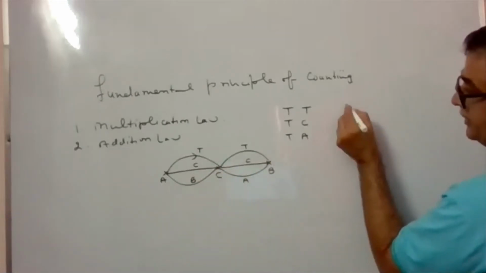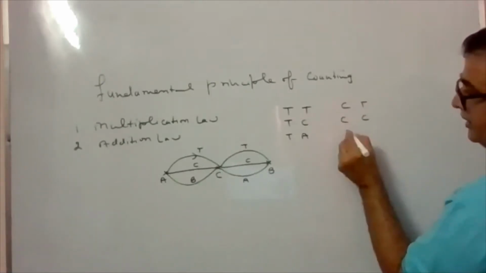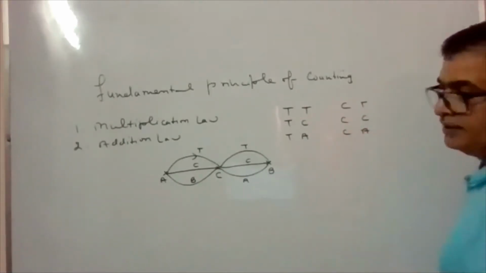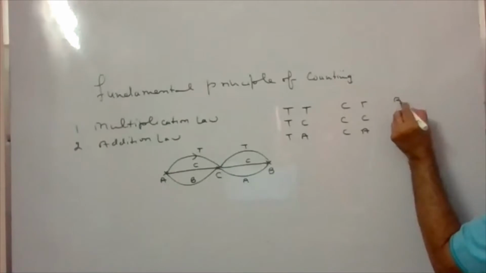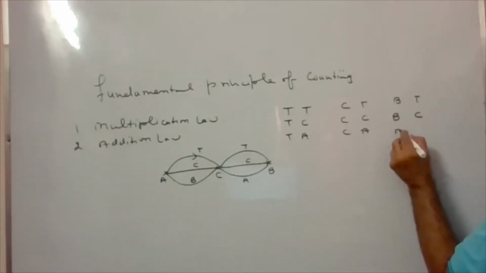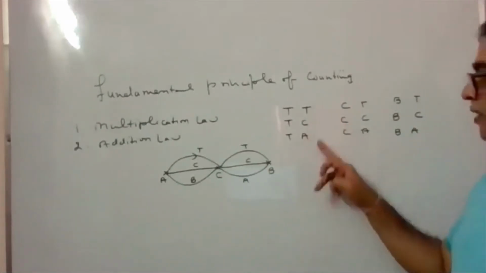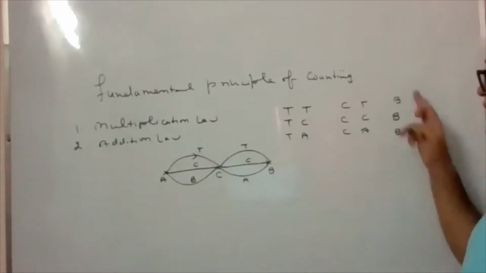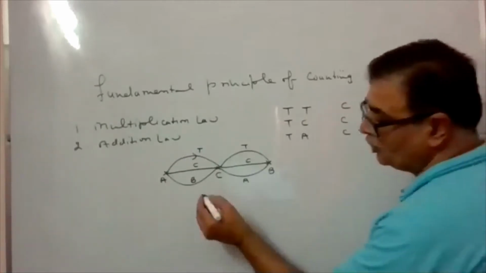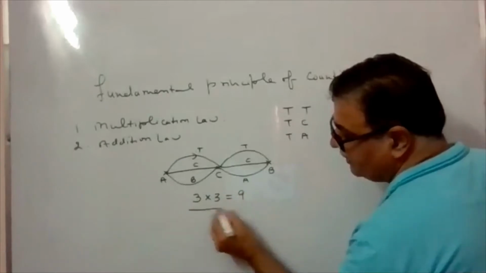Maybe second option is he starts with car and then goes train, car to car, and car to air. Or maybe he starts with bus, then goes with train, bus to car, and bus by air. 3 options here, 3 options here, 3 options here. So total ways will be 3 into 3, that is 9 ways in all.